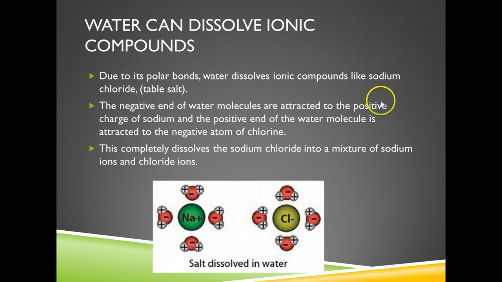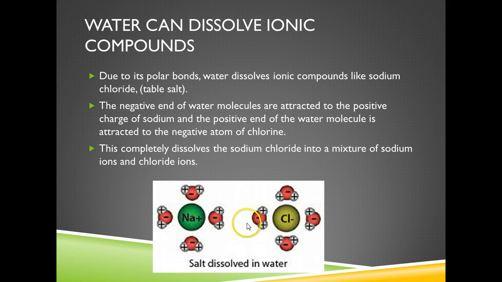When this happens, sodium is going to be slightly more positive, and chlorine is going to be slightly more negative. So what happens is whenever salt comes in contact with water, the negative end of water molecules are attracted to the positive charge of sodium, and then the positive end of water molecules is attracted to the negative atom of chlorine.